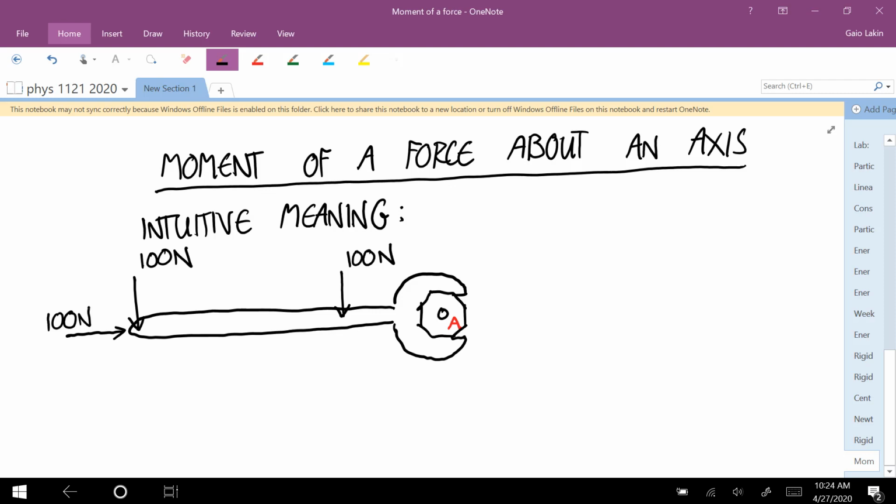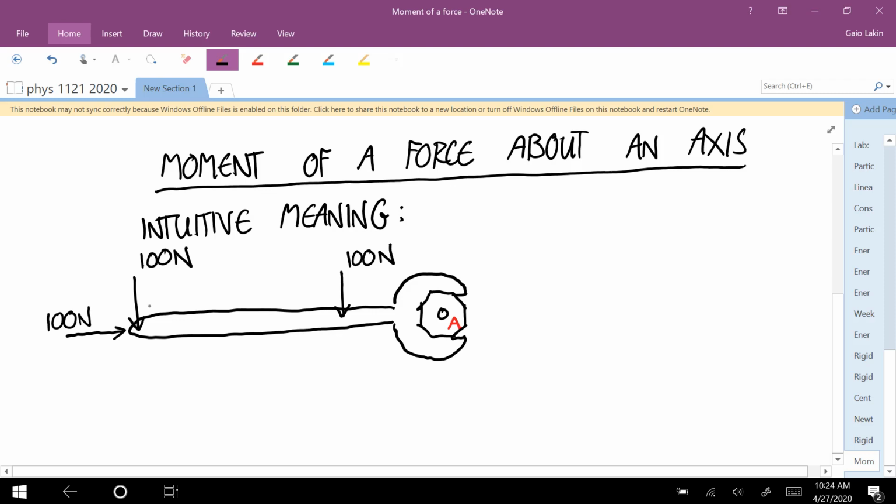Well, you know from experience that the 100 Newton force that's way at the end of this wrench is going to make it turn more effectively than applying that 100 newtons of force close to the bolt. So there's something important about the distance from the axis to where you're applying the force.